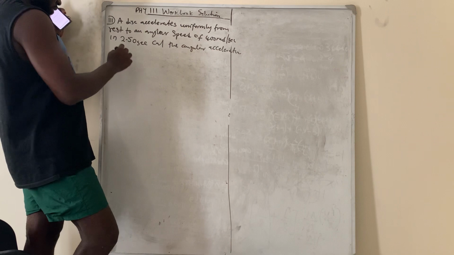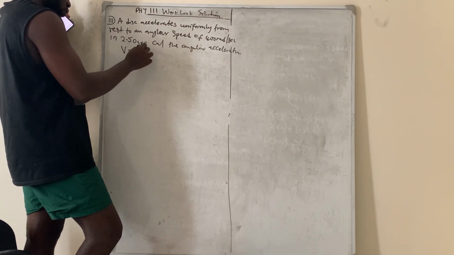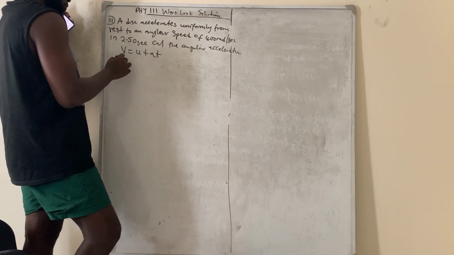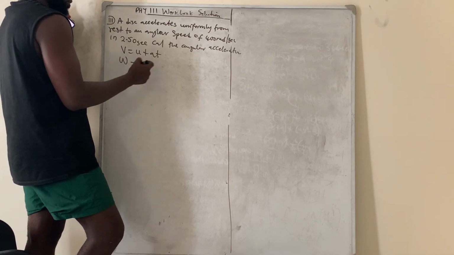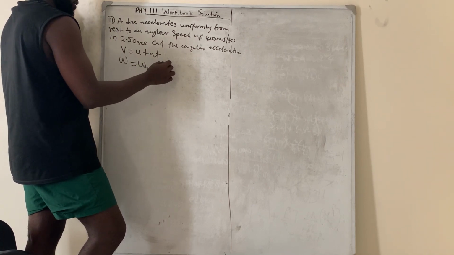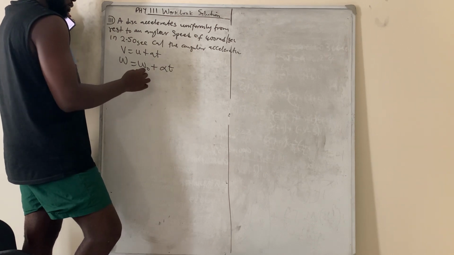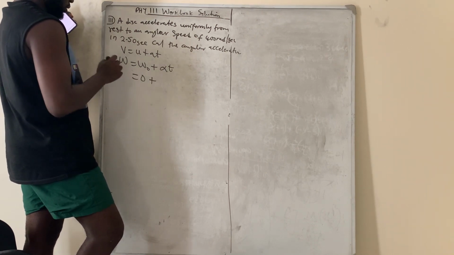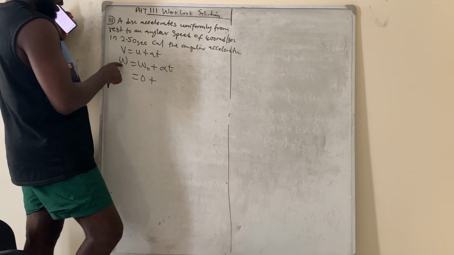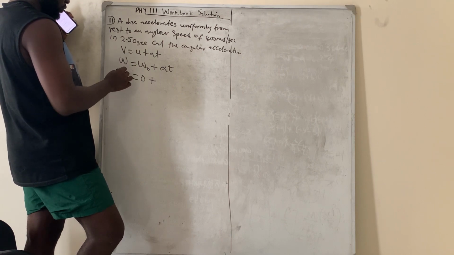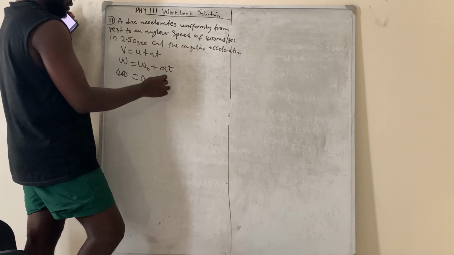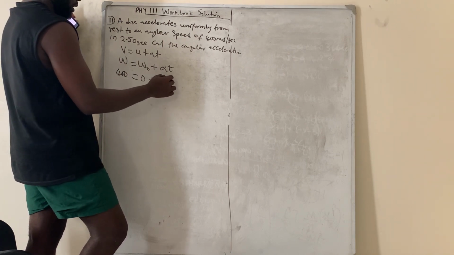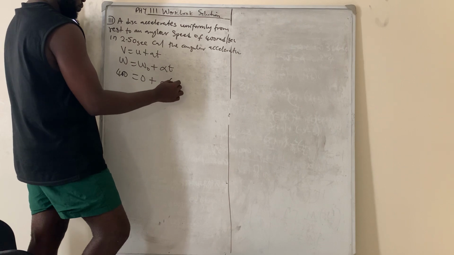We should calculate the angular acceleration. So we need to know that normally v is equal to u plus at. Angular velocity is equal to initial angular velocity plus acceleration times time. So angular speed they gave me is 400, equal to 0 plus alpha, which is unknown, times the time, 2.5.